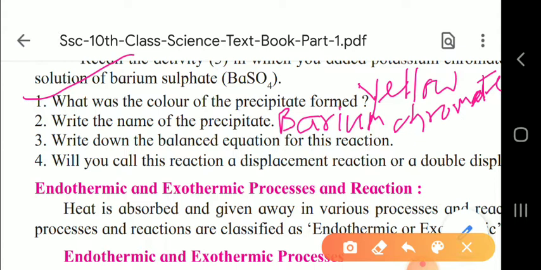Barium chromate. Then write down the balanced equation, which I already told you. Then will you call this reaction a displacement or double displacement reaction? The answer is double displacement reaction.